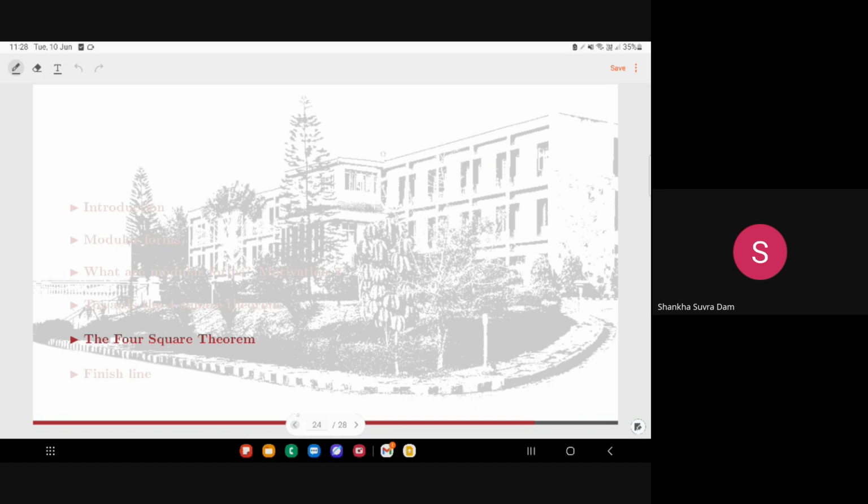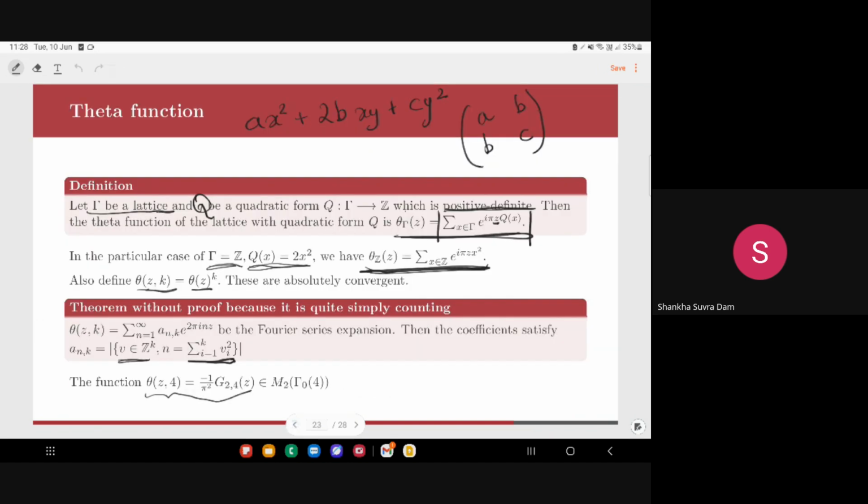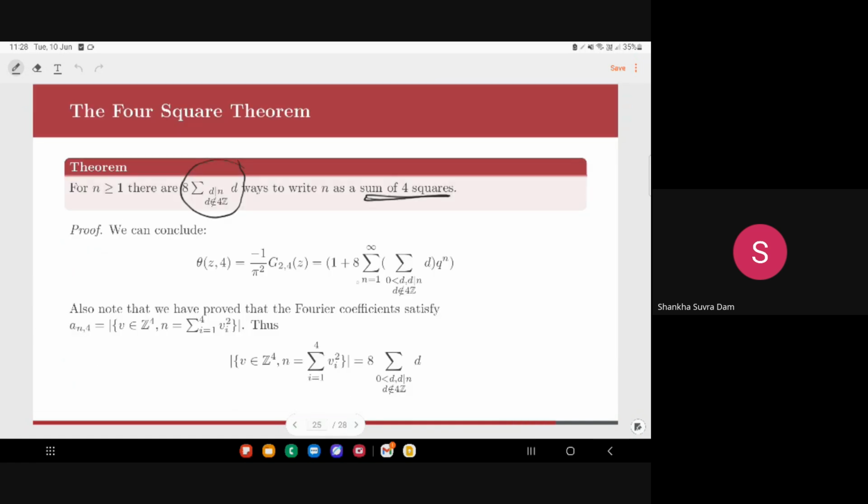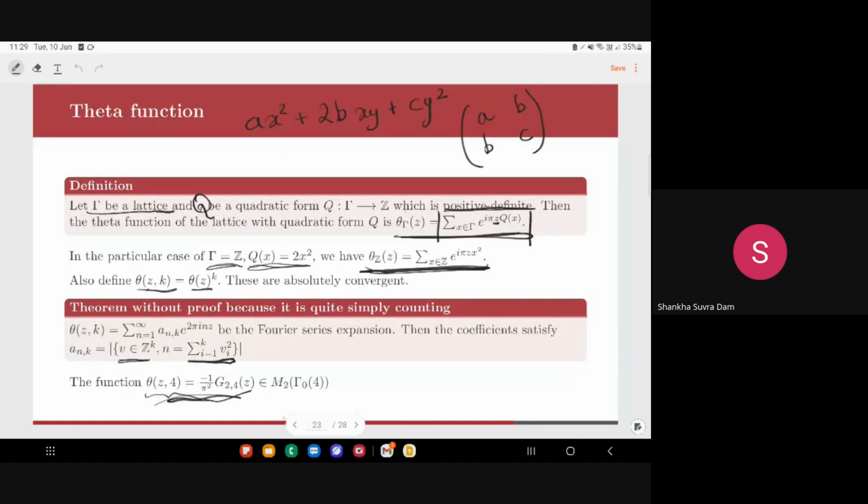So with the discussion before this, and also the form for G_{2,4} in terms of these things over here, we get that this happens. We have proved that the Fourier coefficients satisfy this. For this over here, just plug in k equal to 4.